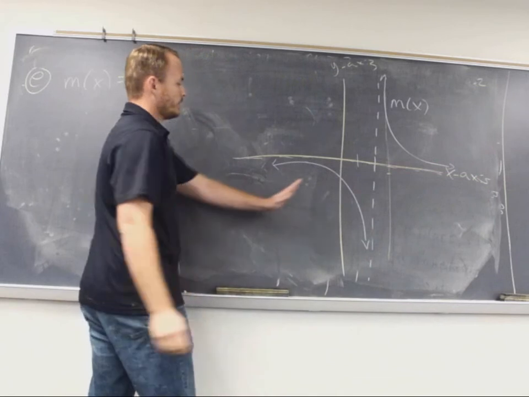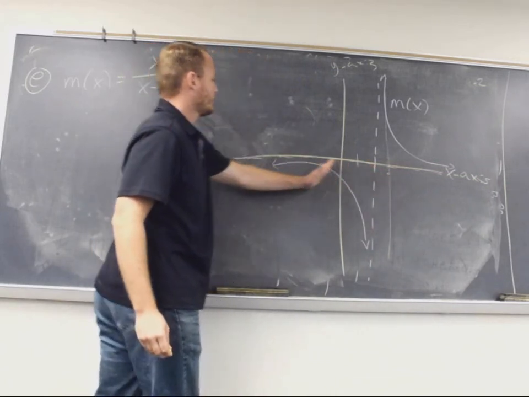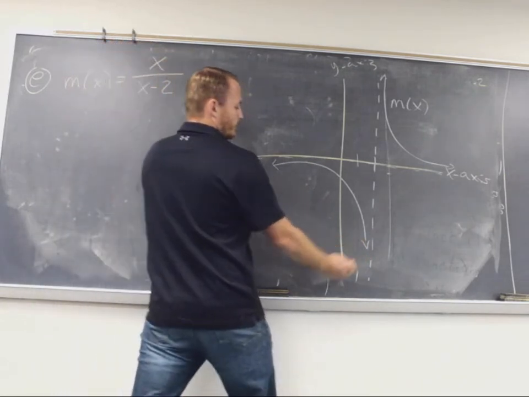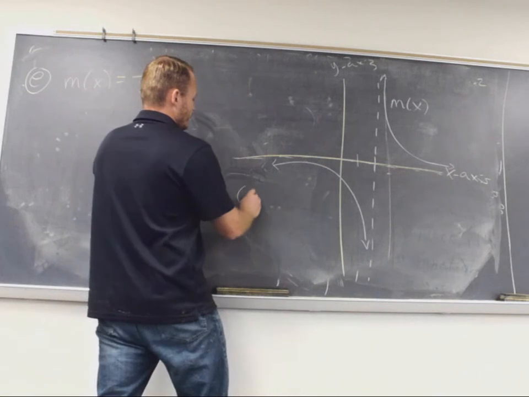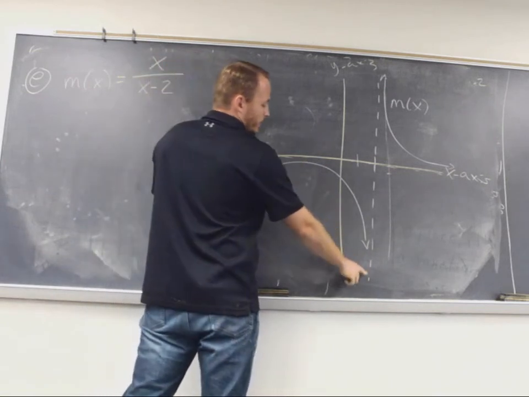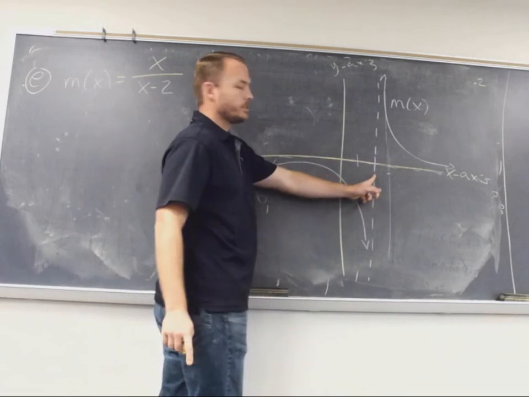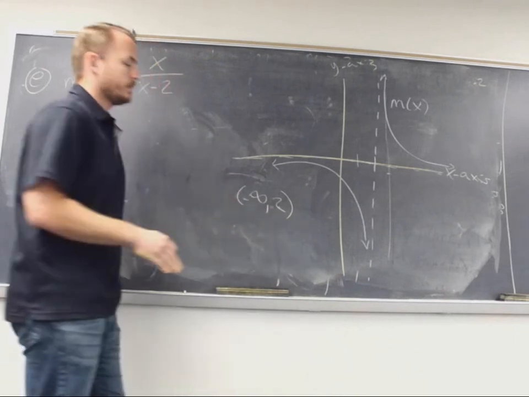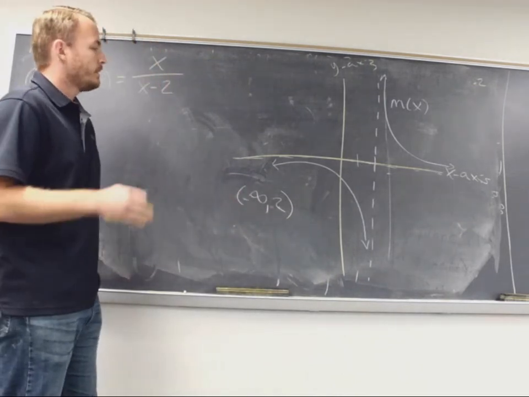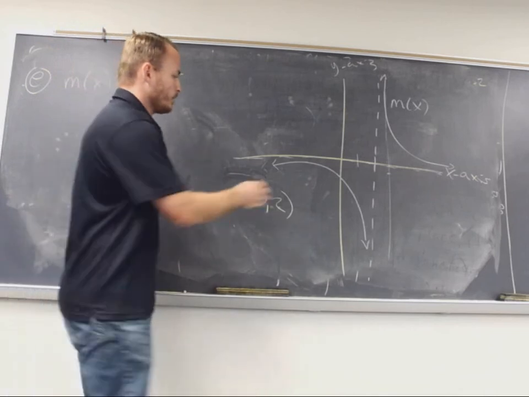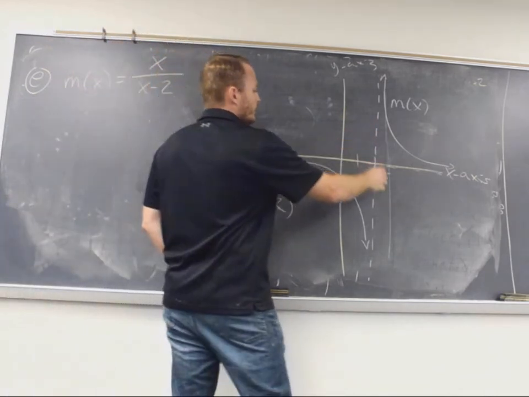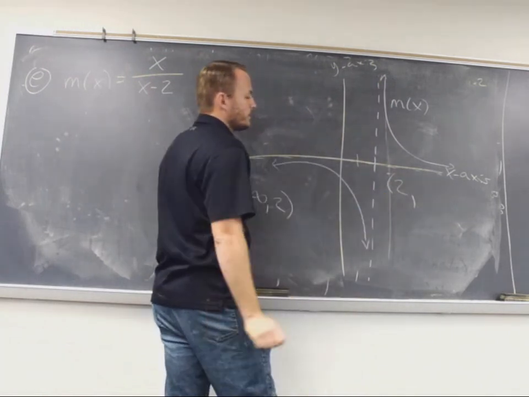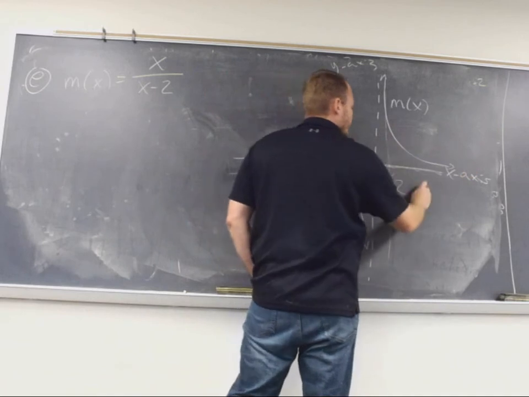So on this side, if you follow your x-axis here, it keeps going and going to negative infinity, and it gets closer and closer to x equals 2, but it's never going to touch it. So that's 2 with a parenthesis, because it's never going to touch 2. If it did touch 2, then I would be using a bracket. And then on this side, it keeps going up and up, but it's never going to touch 2. So that means it's a parenthesis 2, and it goes forever to infinity.